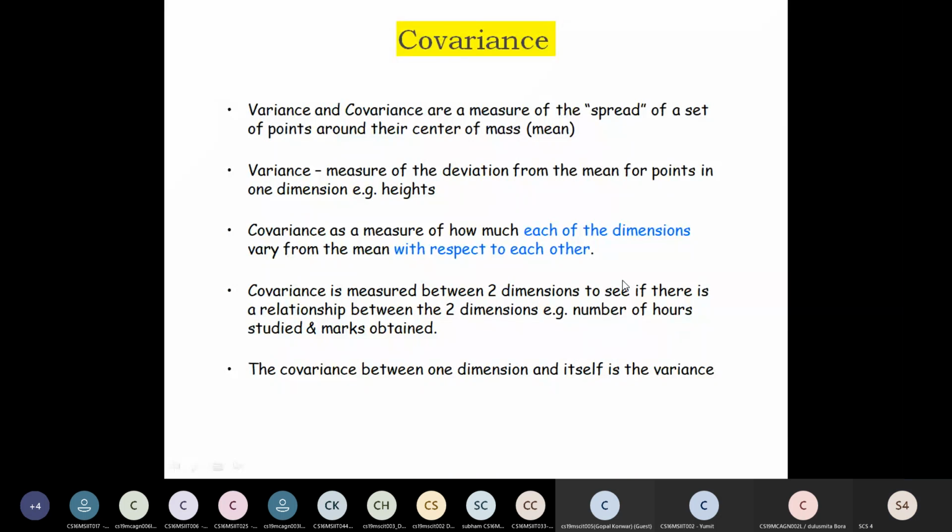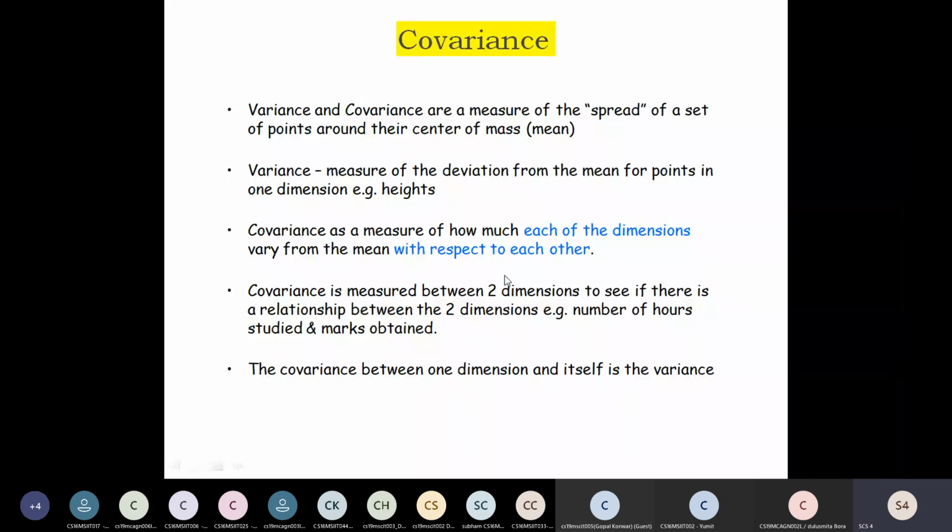So what are the dimensions here? Number of hours and marks obtained. We try to establish a relation between these two dimensions. So this is measured with the help of covariance. I'm repeating again, covariance is a measure of how much each of the dimensions vary from the mean with respect to each other.